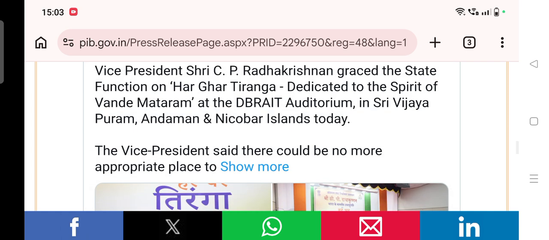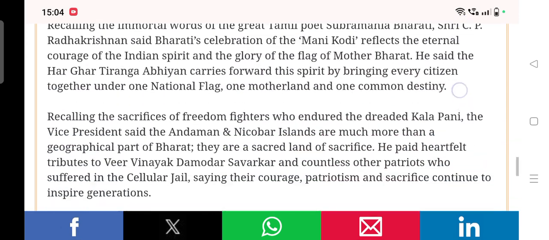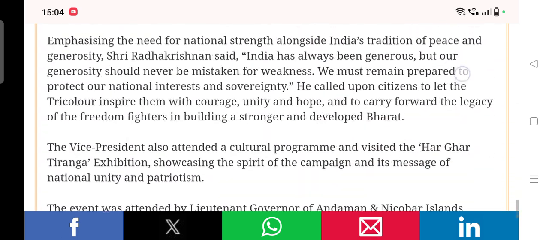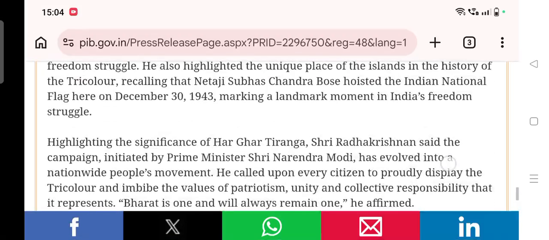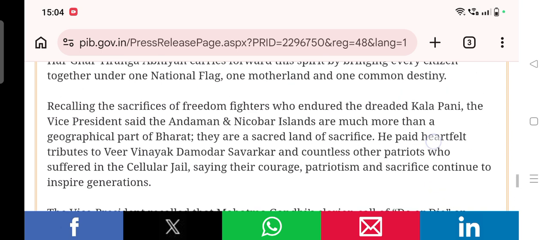And another question is, Subhash Chandra Bose hoisted the tricolor flag for the first time on which date? That we got here. I have already shown you, December 30, 1943. And how Subhash Chandra Bose referred to the Andaman Nicobar Islands. He changed the name to Swaraj and Shahid Islands. That's another question.